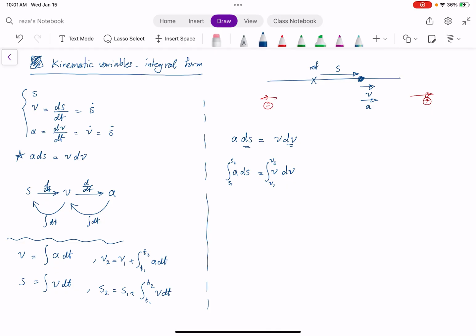And in this case, this becomes very useful if you know your acceleration somehow as a function of position. So it is important, if you're going to use this equation, you need to know your acceleration as a function of position, which quite often is the case.